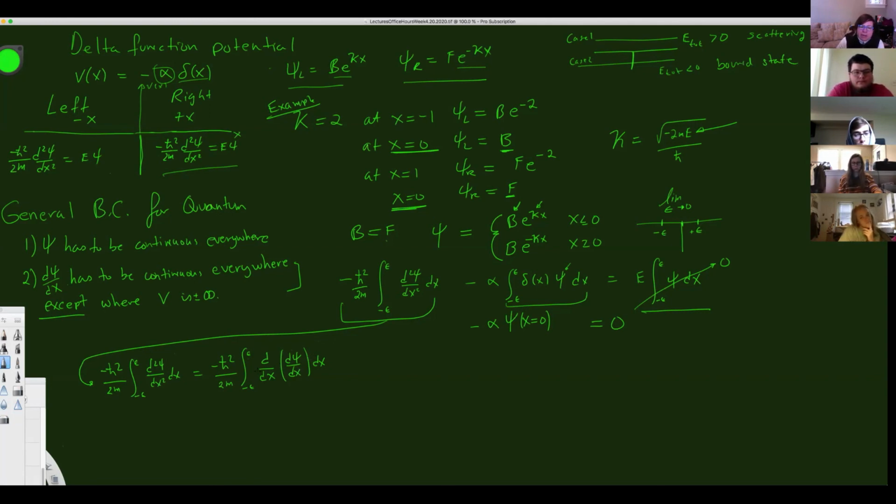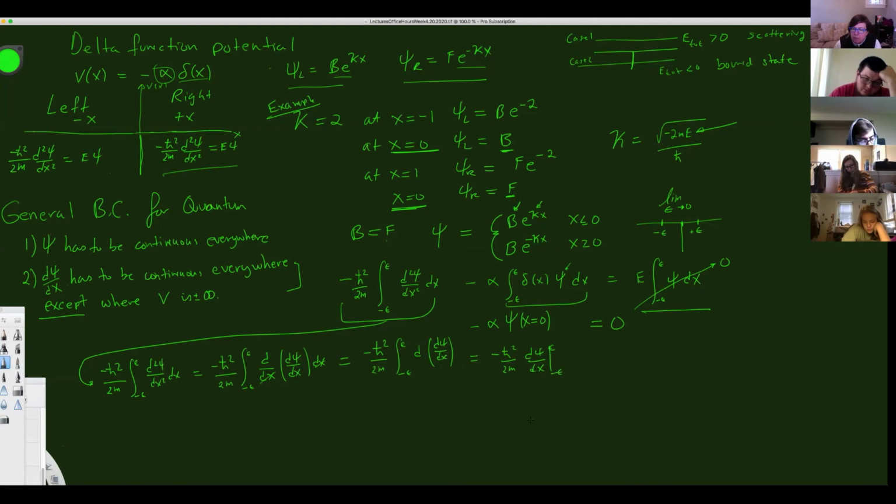In other words, by the fundamental theorem of calculus, I'll write this one more time, so maybe it might jog your memory about integration by parts and the fundamental theorem. Epsilon to epsilon. And then I'm going to cancel this out, and I just get the total derivative of this thing. By the fundamental theorem of calculus, this is minus h bar squared over 2m times d psi dx at the boundaries.